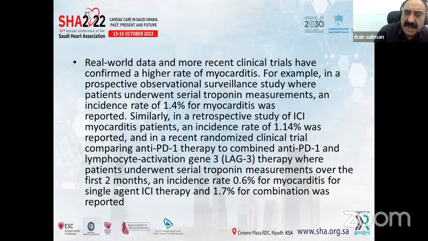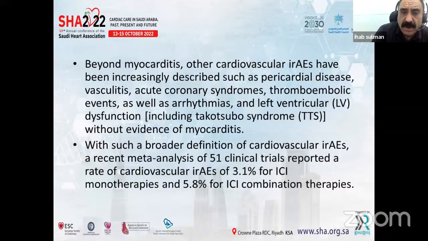And when there is combination therapy, there are more associated cardiovascular adverse events. So beyond myocarditis, other cardiovascular related adverse events could be pericardial disease, acute coronary syndrome, and thromboembolic phenomena, but they are again something between 3% to 5.8% for combination therapy.